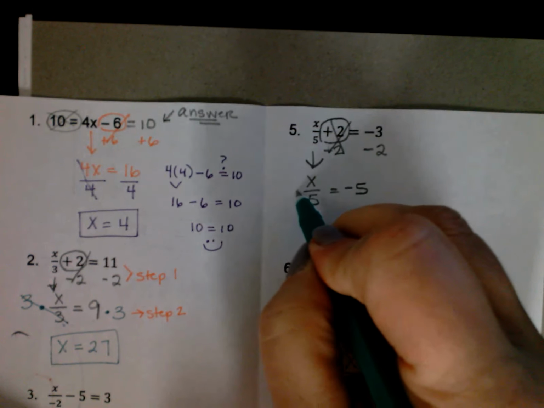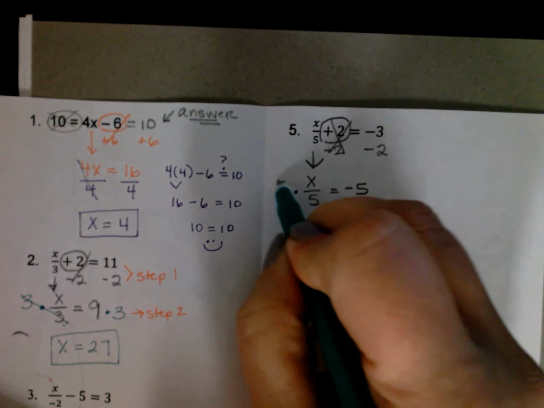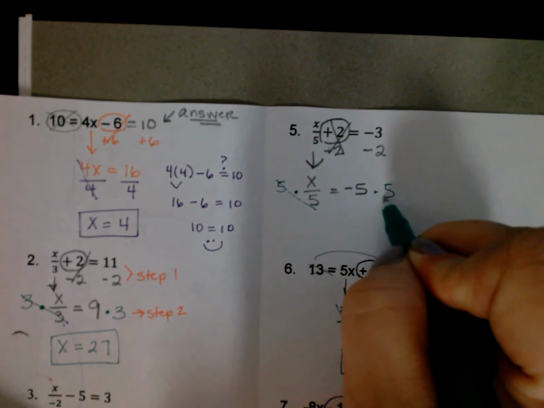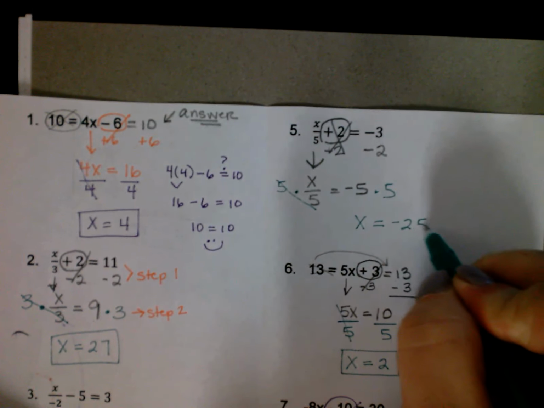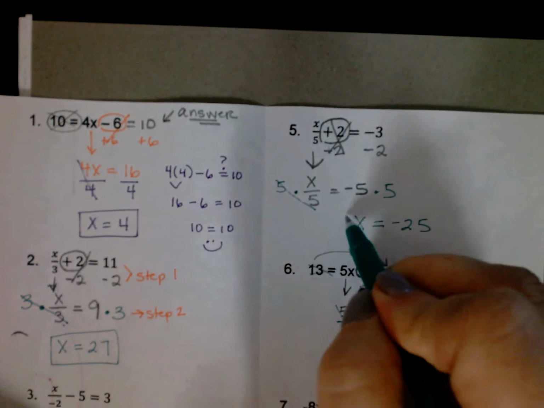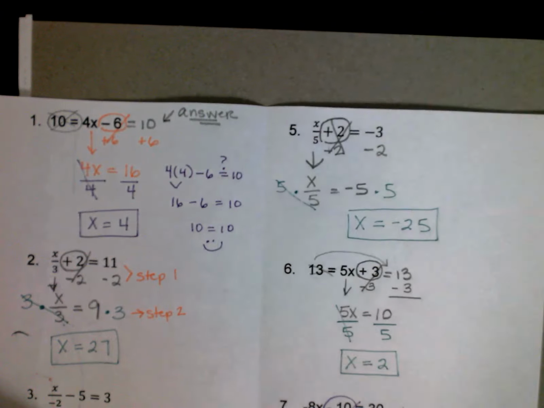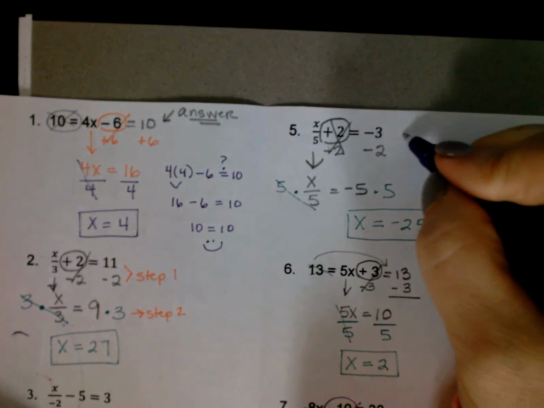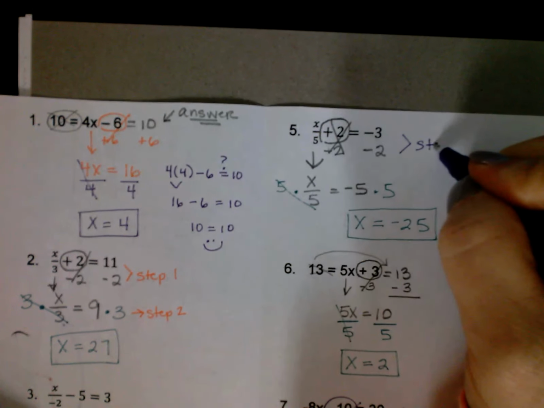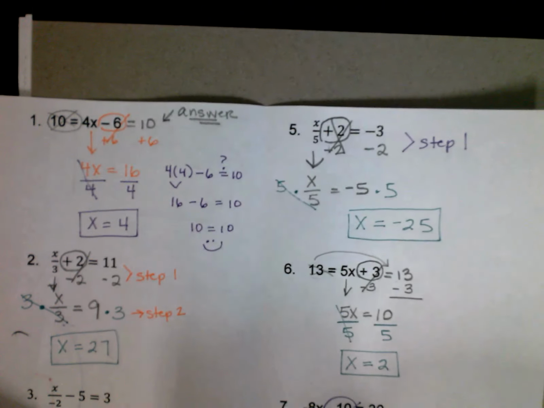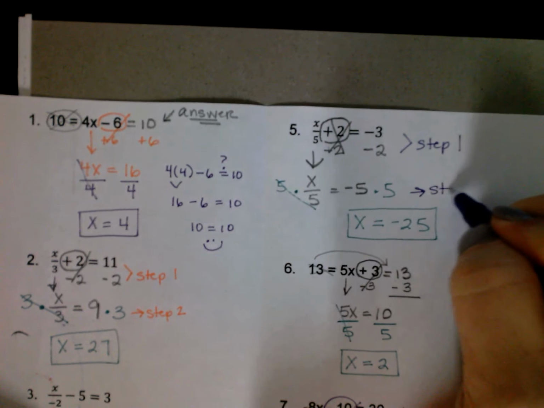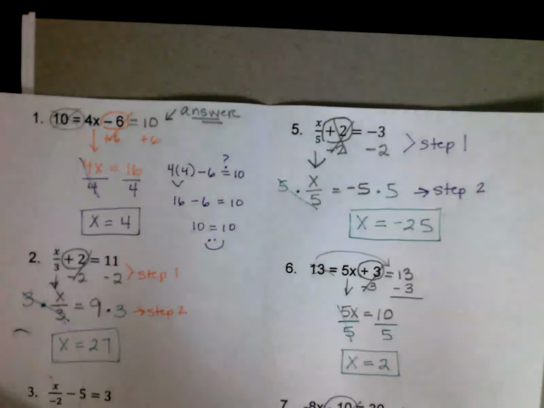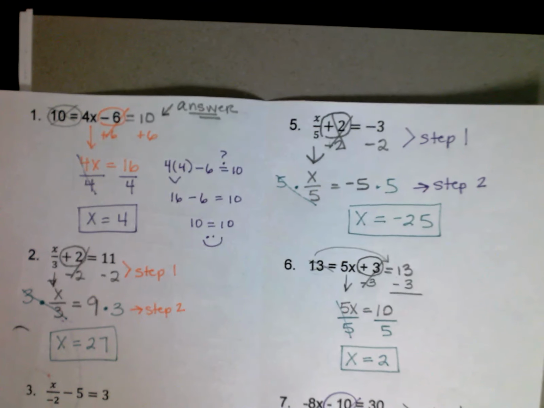This is division, so therefore I need to multiply. And I get x equals negative 25. So again, step 1 was undoing the adding or subtracting. Step 2 was undoing the multiplication or division.